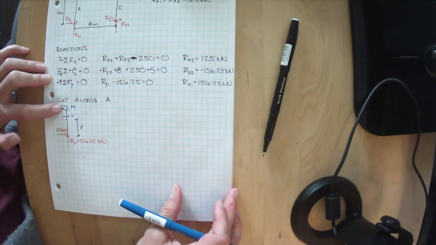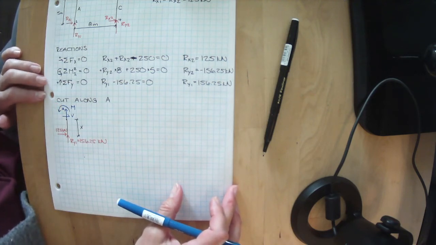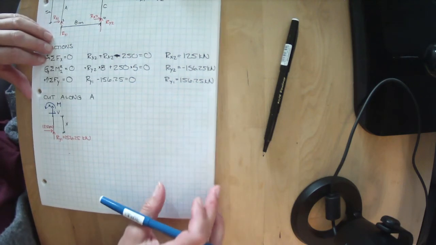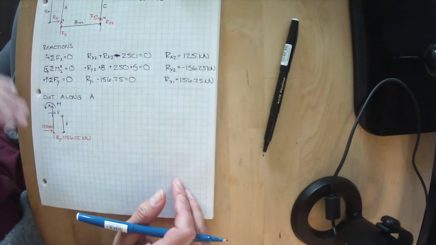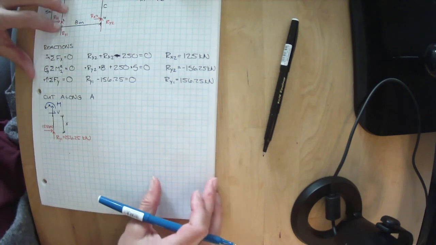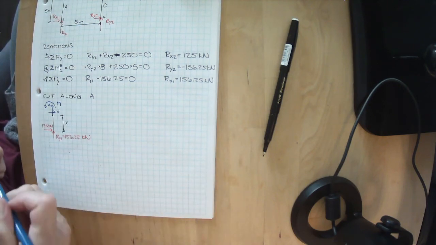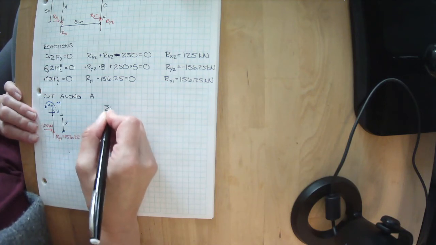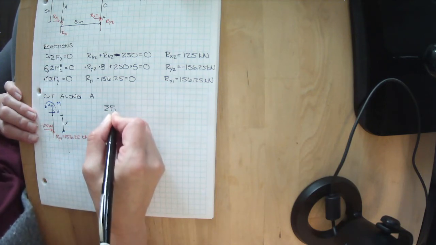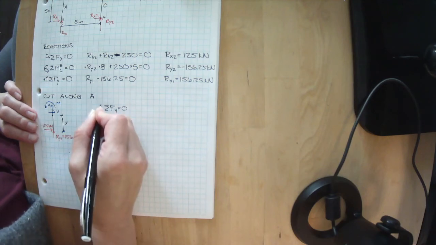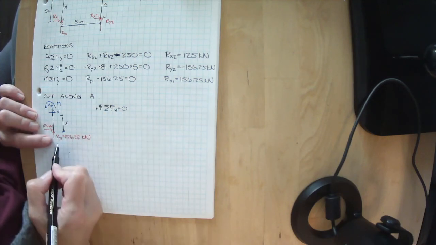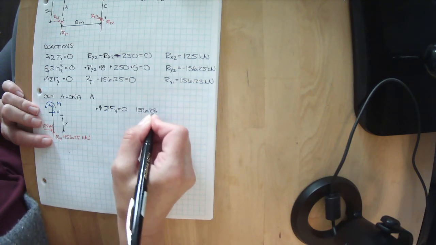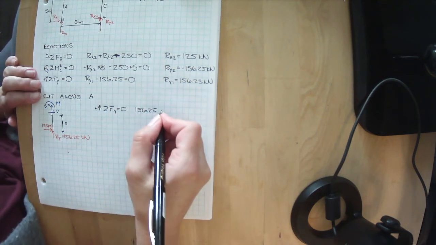If I get a negative number, I'll know it's actually in compression. And remember, positive versus negative is really important for axial loads. It's important for moment and shear to help keep track of things, but a lot of times the absolute is more what we care about. All right, let's sum the forces in the y direction, where everything upwards is positive. Well, we've got Ry1 going upwards, which is 156.25, and we've got A going upwards.